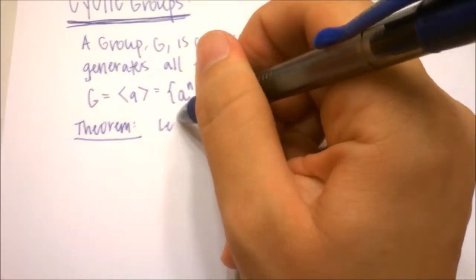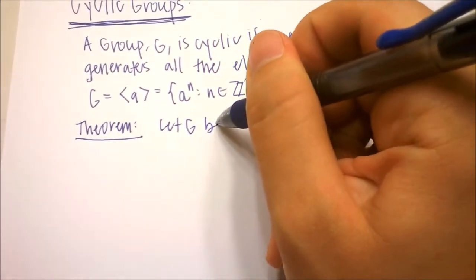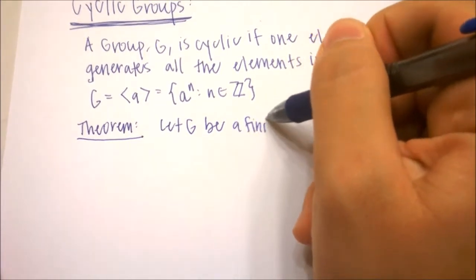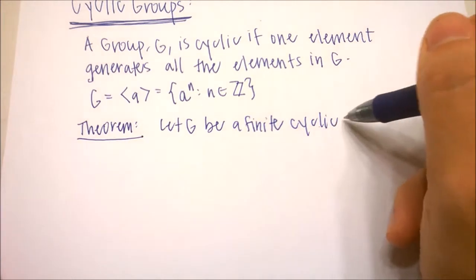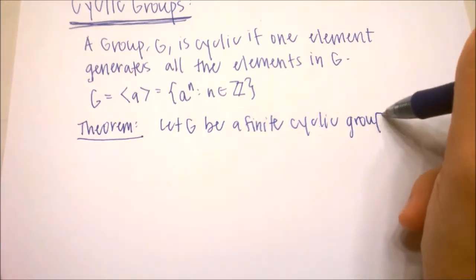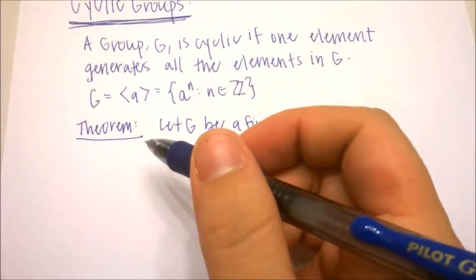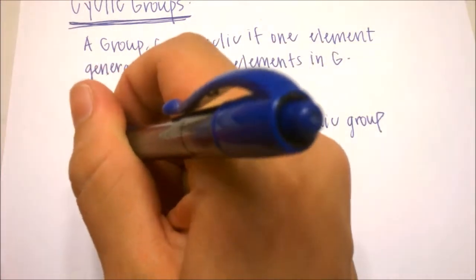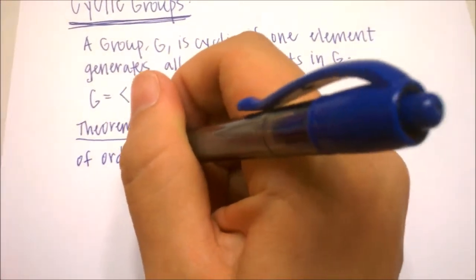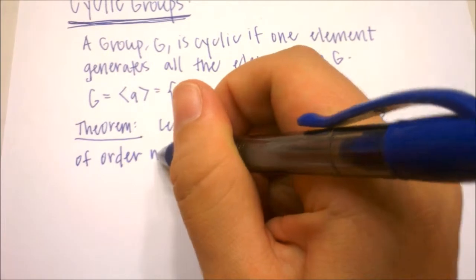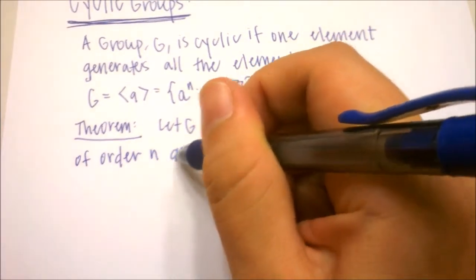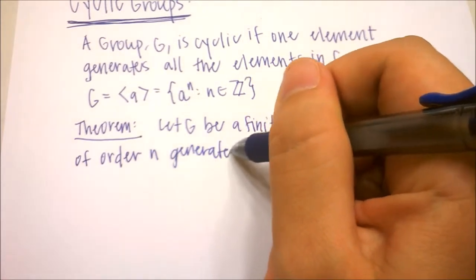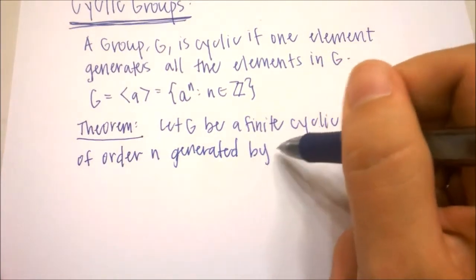We're going to let G be a finite cyclic group. So it has a certain number of elements, and here we're going to say the number of elements is n, so of order n, meaning there's n number of elements, and it's generated by a.